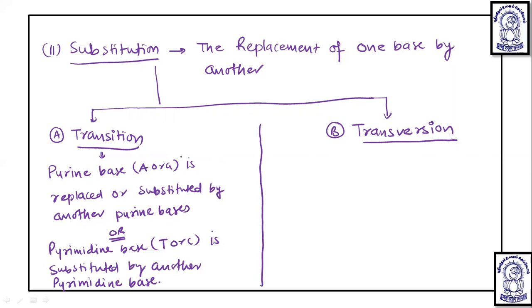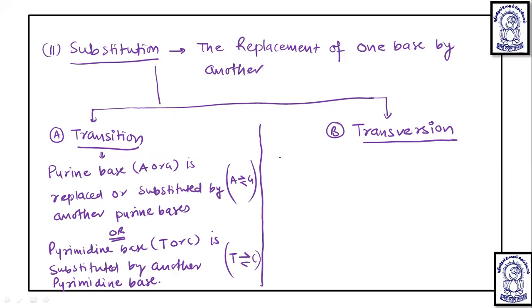If I want to write this in a short way, I can write like this: adenine and guanine are replaced like this, and here thymine and cytosine are replaced like this.